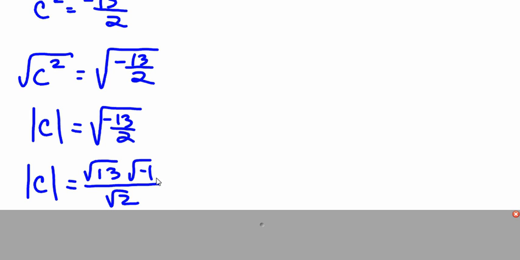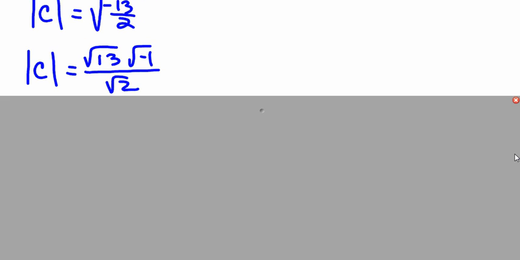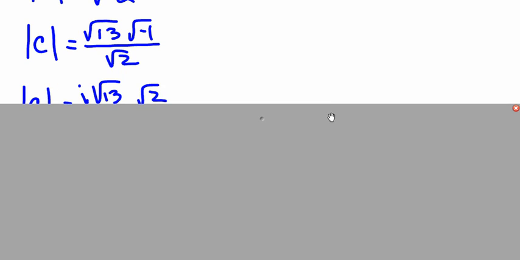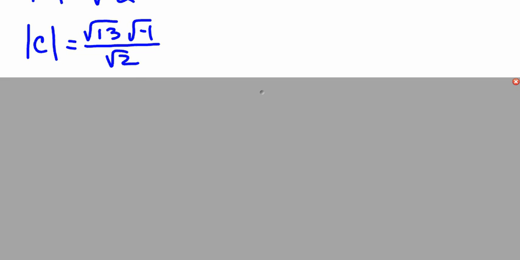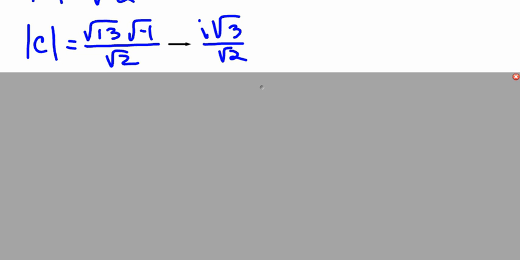The square root of negative 1, we learned previously, is defined as i. So we're going to rewrite that with our i. So we have i times the square root of 13 over 2.